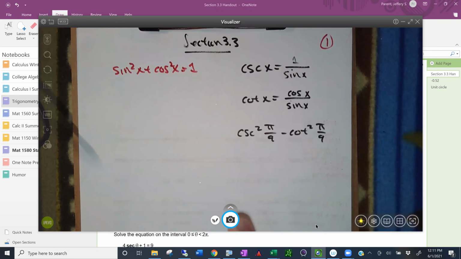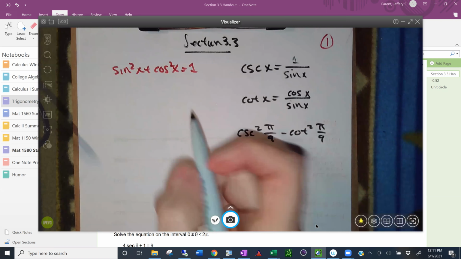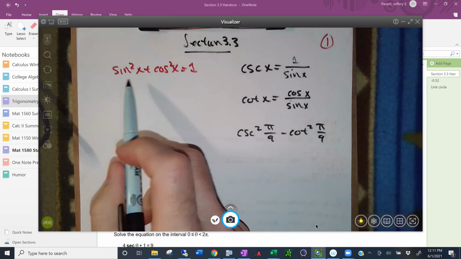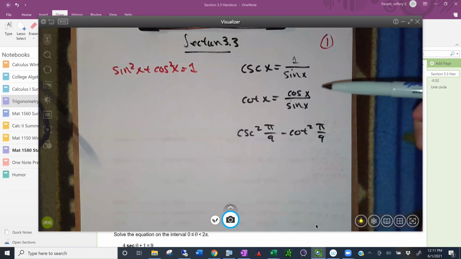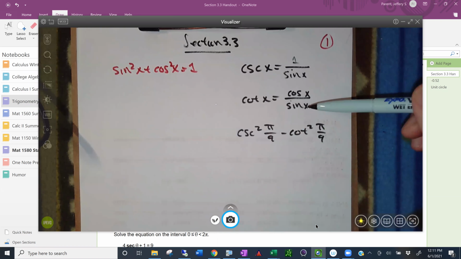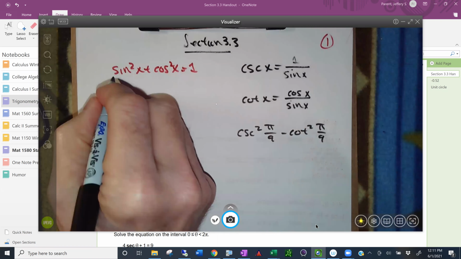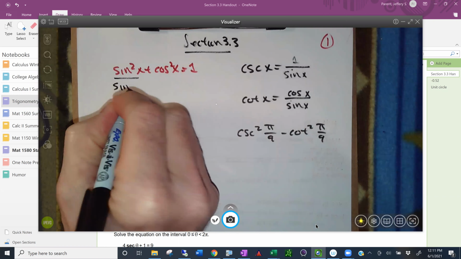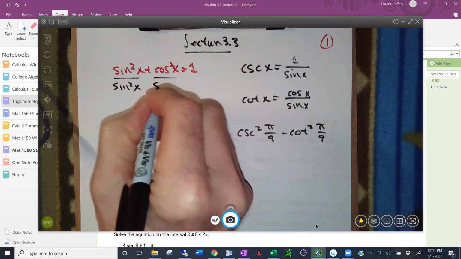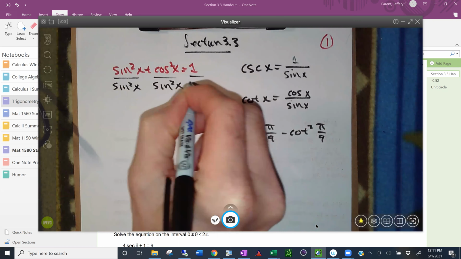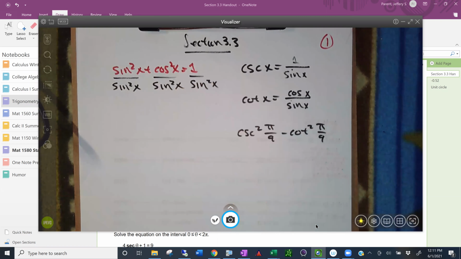Nice. So what's happened is that our identity here has been divided by a sine term. Not just any sine term, but sine squared. If I divide everything by sine squared, what am I going to get?